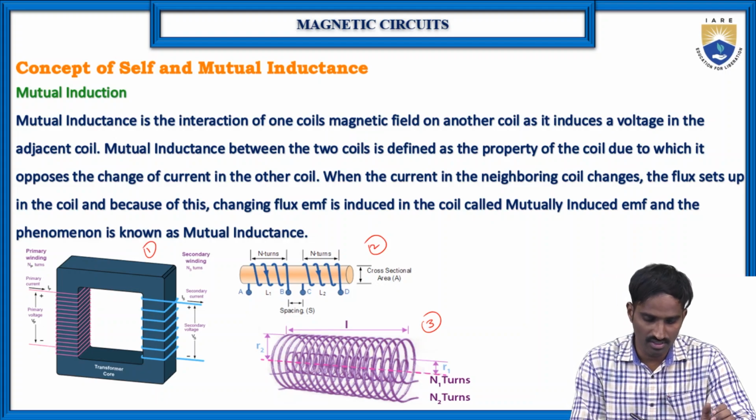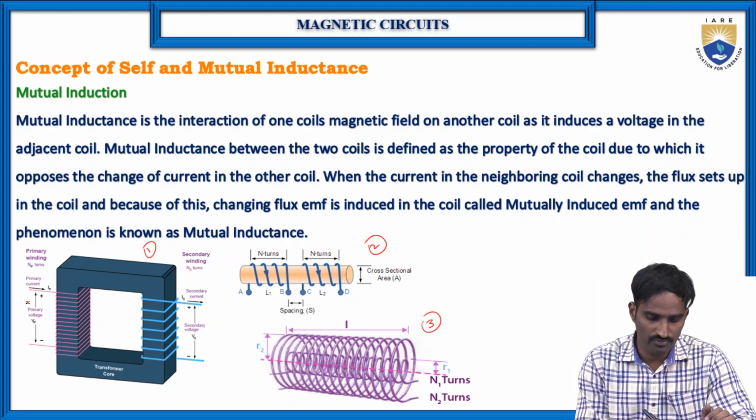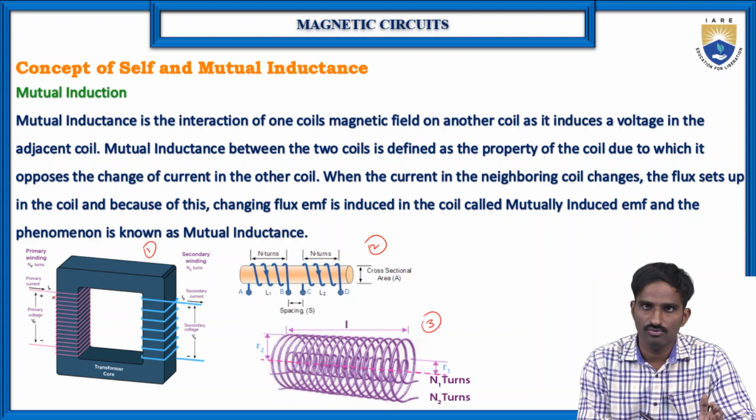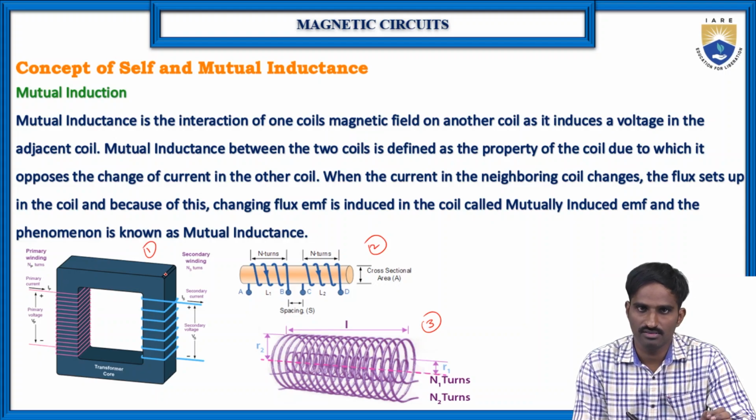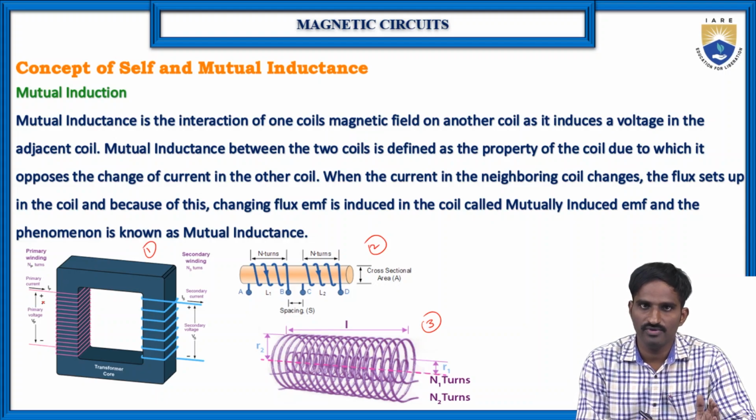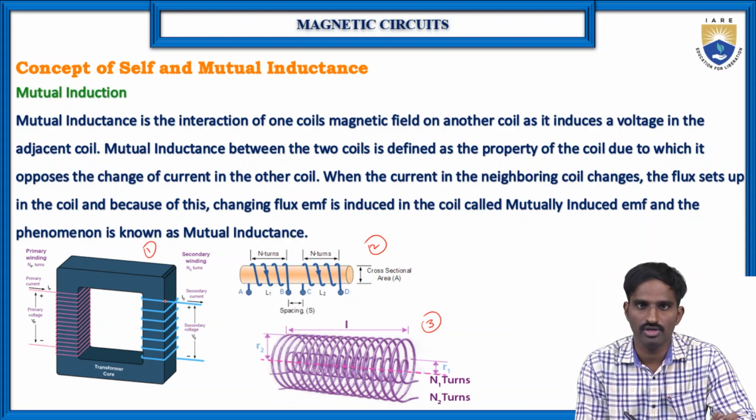Suppose you apply some voltage across the primary coil. Then it produces the magnetic field or flux, and that flux interacts with the second coil.